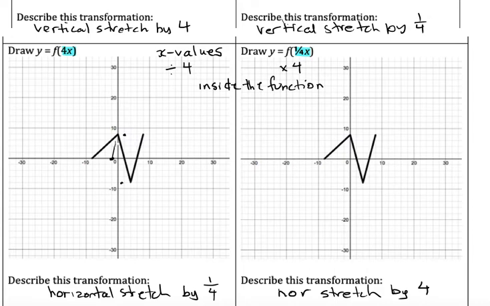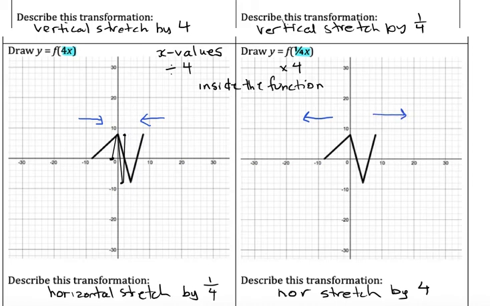Okay, so it's going to go like this, and like this, and like this. So hopefully you see that the effect was that we sometimes say that it's a horizontal compression by 4. Yeah, so you squished it by 4, or to stretch by a quarter, as opposed to here, the smaller that number, the more you will be stretching out.